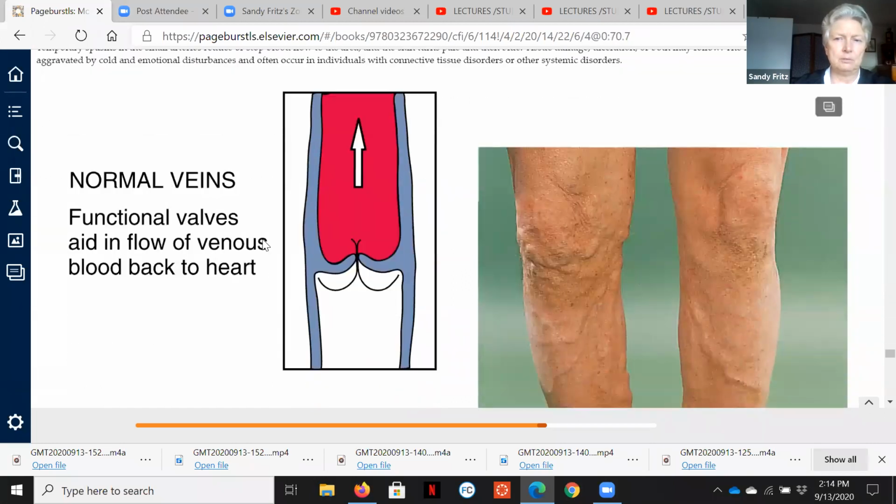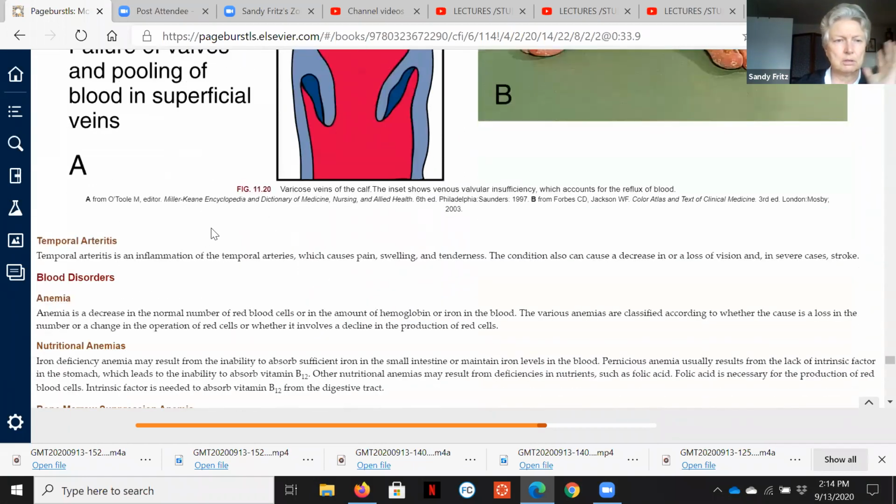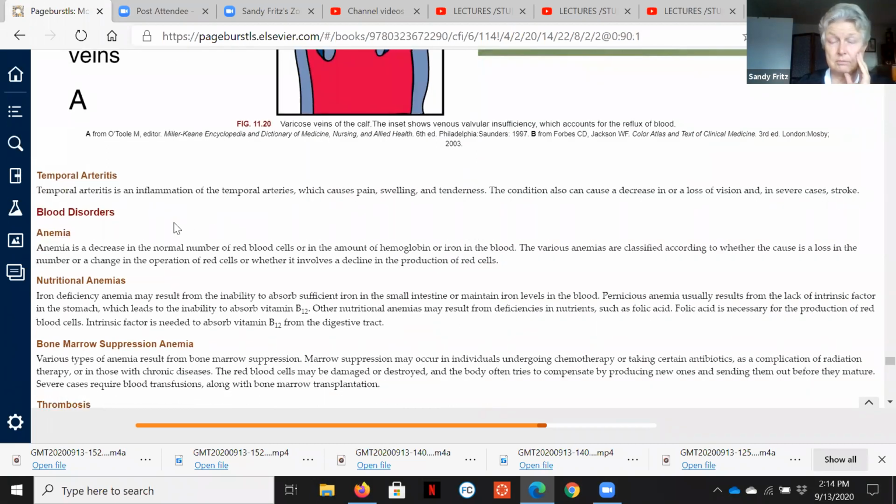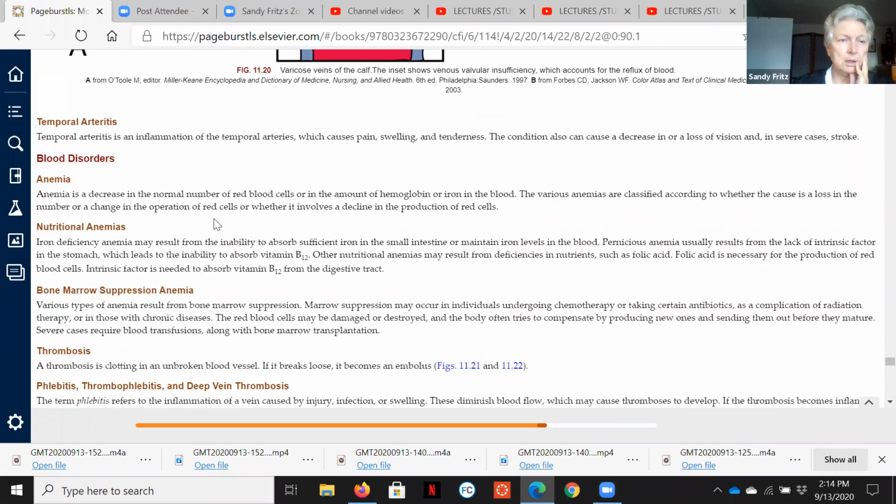Raynaud's is more of an autonomic situation where you're not controlling your vasoconstriction and vasodilation. It can be very stress triggered. Anemia is not enough red blood cells.